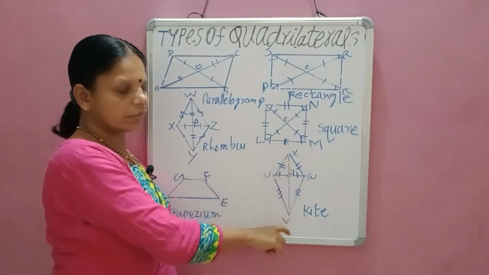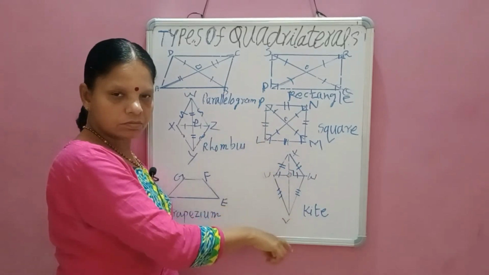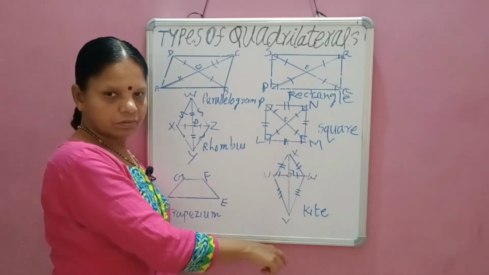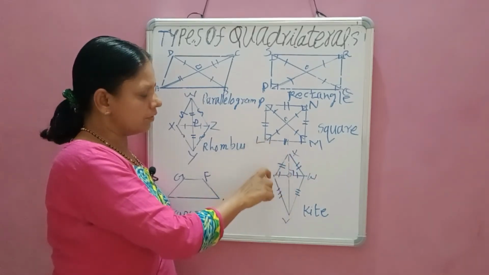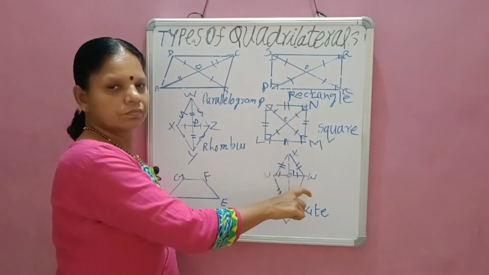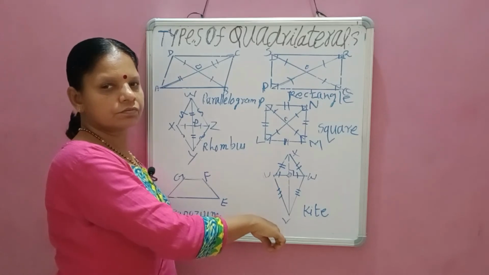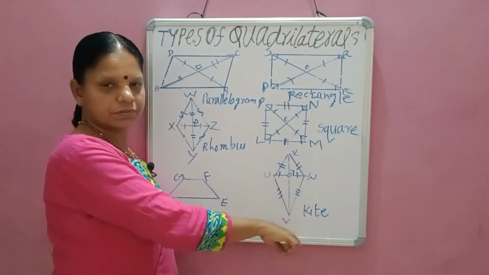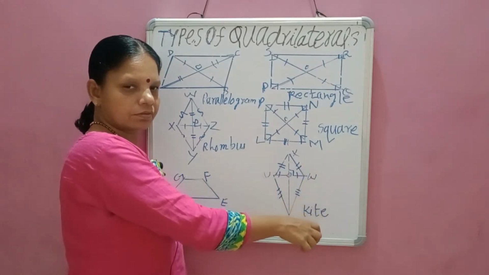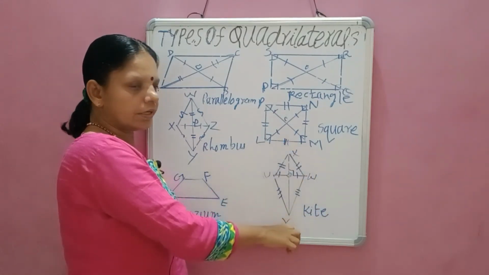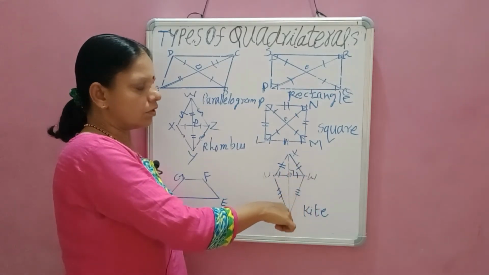If the diagonals of a quadrilateral are perpendicular to each other and the longer diagonal bisects the shorter diagonal, then the quadrilateral is called kite.